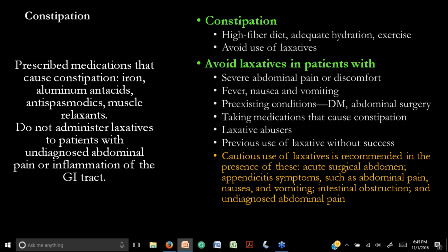If the patient is constipated and you are going to use some laxative, what the laxative does is increase the tonicity of the contraction of the intestine, and that can lead into perforation, okay? So in that case, it's contraindicated. Abdominal pain, fever: no enemas, no laxative. In that case, what we mostly do is hydrate the patient, and then we can do another measurement later if that is necessary.